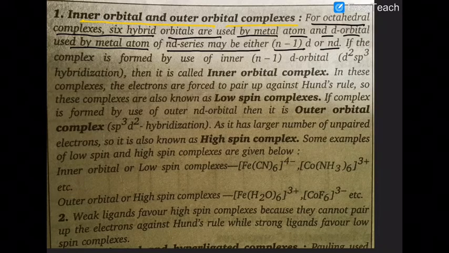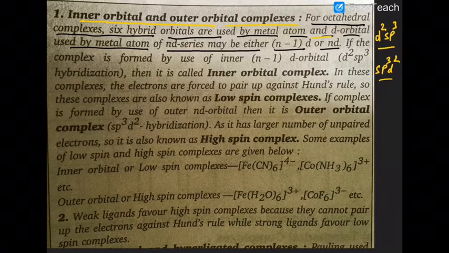For the octahedral, what is the configuration? If the hybridization is d2sp3, then it is called inner orbital, which means (n-1)d orbitals are used, and if the hybridization is sp3d2, it means outer orbitals are used.